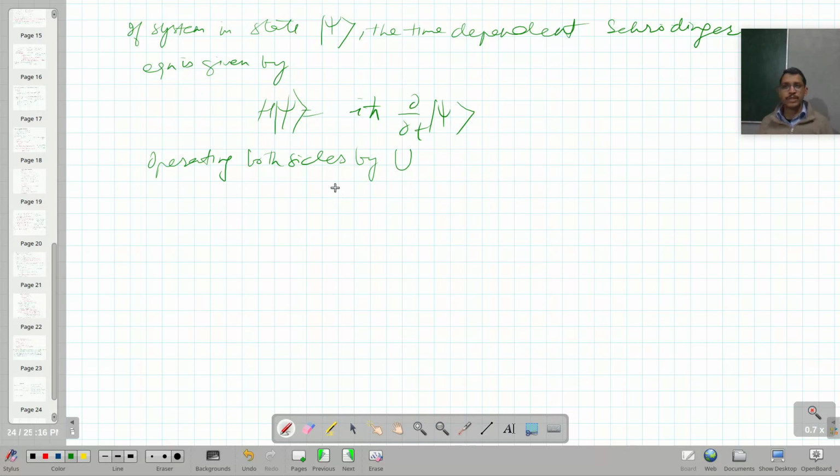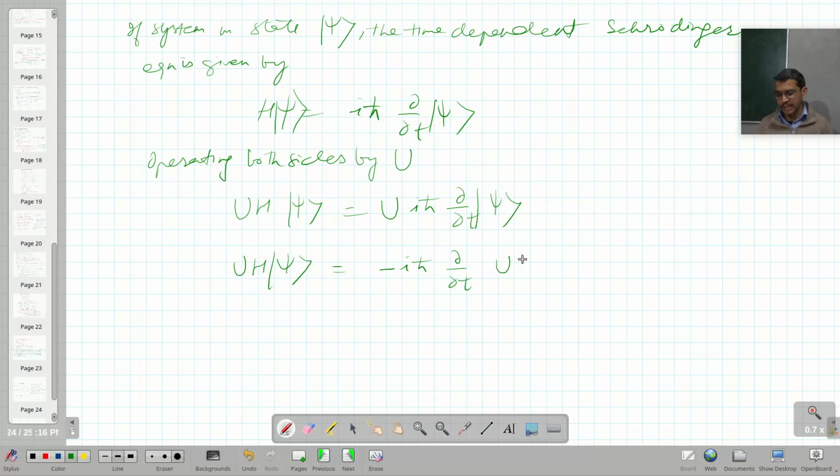So it is U H psi is equal to U iota h cross del over del t psi. As U changes t to minus t, we can write it as U H psi is equal to minus iota h cross del over del t, and U goes with the psi, right? That's what will happen.